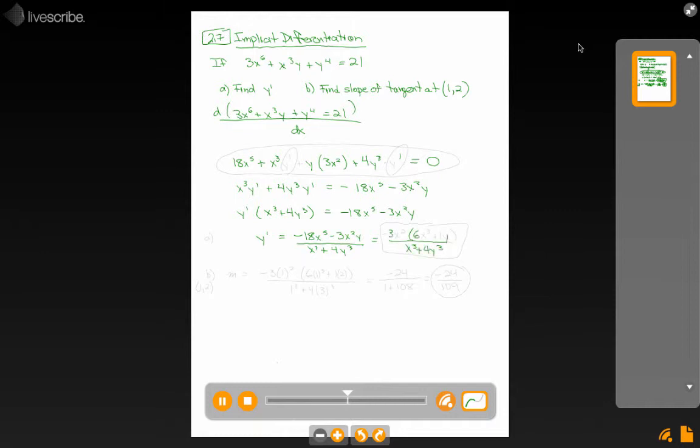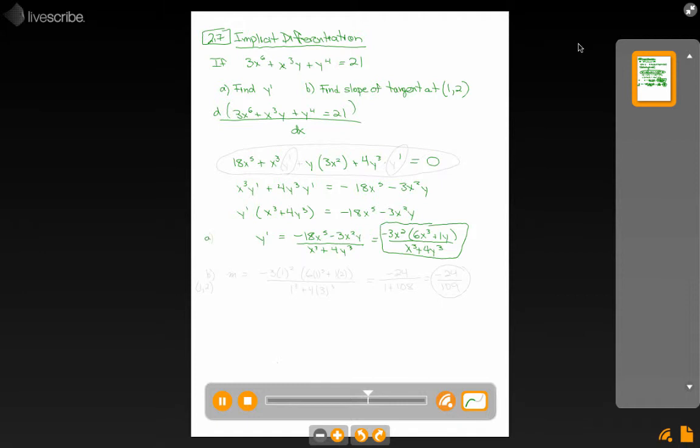Take out negative 3x squared on top, and I'll be left with 6x to the 3 plus 1y, all of that divided by x cubed plus 4y cubed. Nothing really further that I can do with it, so that's a pretty good expression for what my derivative equals. And notice in implicit differentiation questions, your derivative often has y terms in it, whereas when our original function was y equals something, our derivative didn't have any y terms in it.